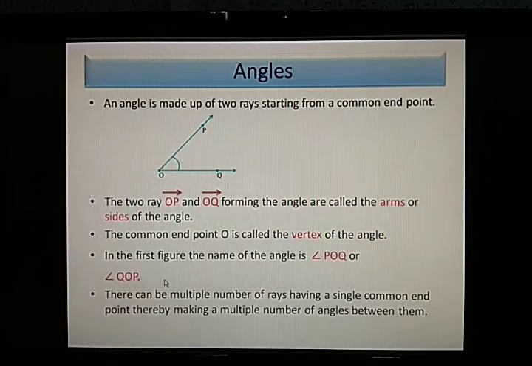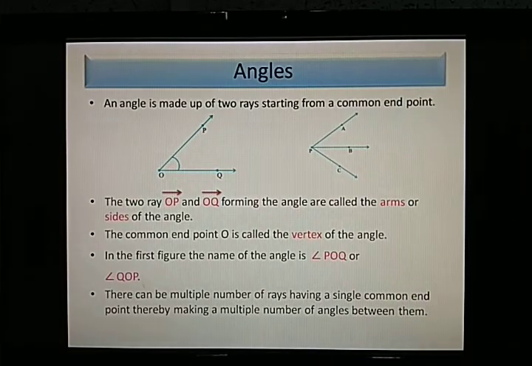Clear? Now there can be multiple rays coming from a single endpoint, thereby making a multiple number of angles between them. Say in this figure, in the earlier figure there are only two rays coming out from a single common endpoint, or you can say vertex. But it is not mandatory that only two will come out. There can be many. One more can come out from here also. So many rays can have a single common endpoint.